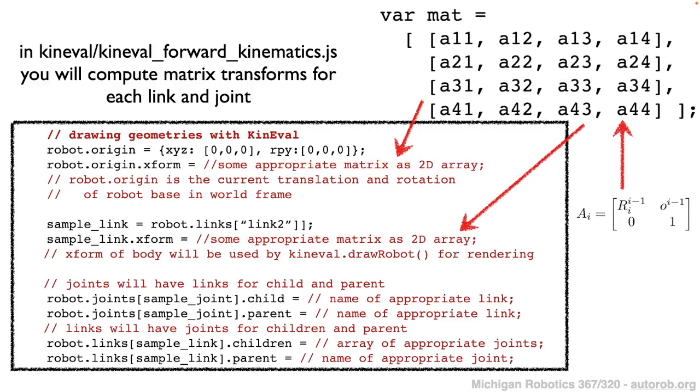As a quick refresher, the way within JavaScript that we can express matrices is by describing them as an array of an array. So we have this essentially 2-dimensional array structure that allows us to express the elements of the matrix as individual elements within the underlying arrays. Each one of these xform properties will be a separate array corresponding to that specific transform for that specific link. And as we modify these transforms, we'll be able to change the position of the links and the orientation of the links.